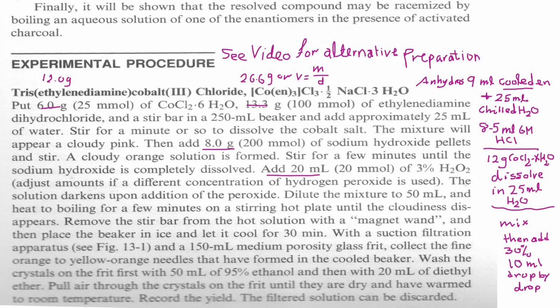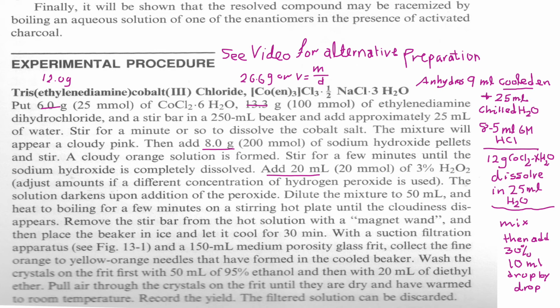Now for the experimental part, you have two alternatives: whether you follow the procedure in this experiment as written. You put 12 grams of cobalt chloride hexahydrate, of course it's cobalt 2 plus, and 13.3 times 2, 26.6 grams of ethylene diamine, each separate until now, and stir in a 250 ml beaker with 25 ml water.